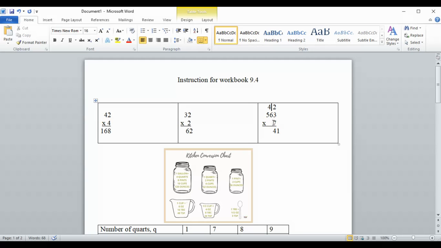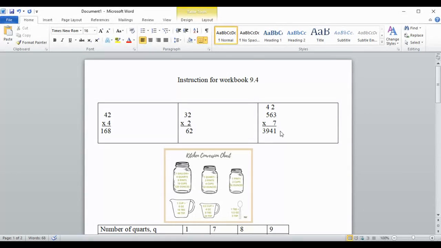And then we're going to say 7 times 5. What is that? 7 times 5 is 35 plus 4 is 39. So we're going to write it like that. And then because I'm typing this, I have to get it all in order.